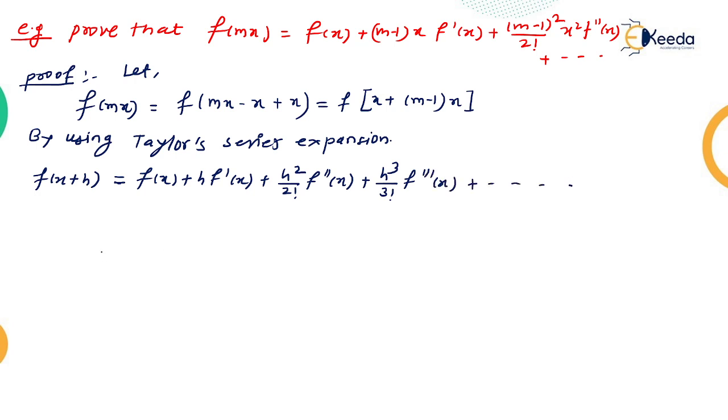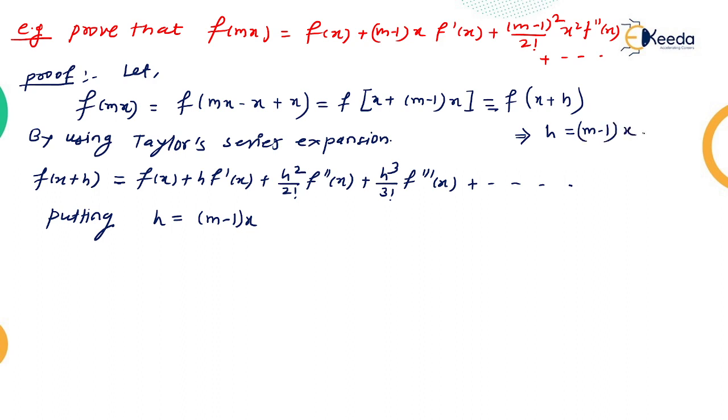Simply put h equal to (m minus 1) into x. Clearly, this is nothing but f of x plus h, so we compare and get h equal to (m minus 1) into x.